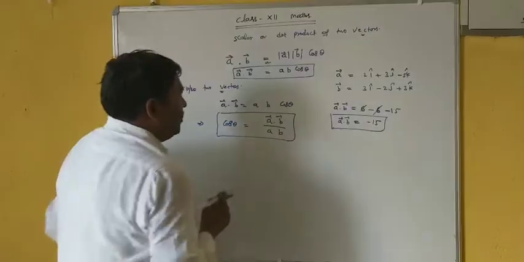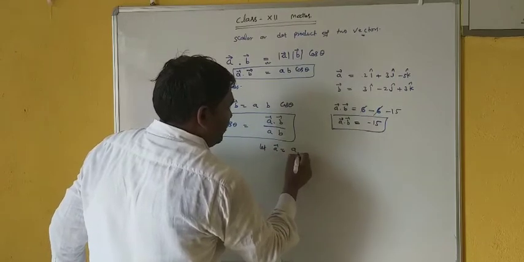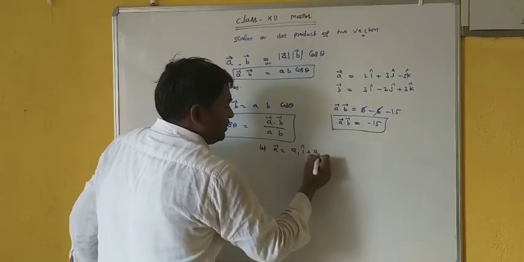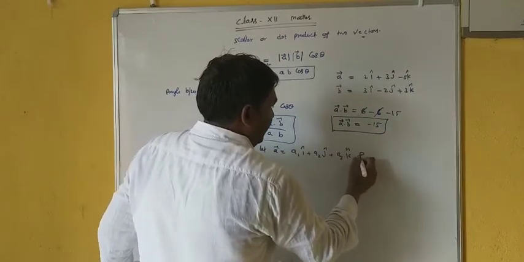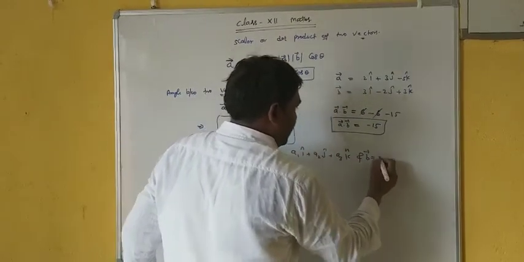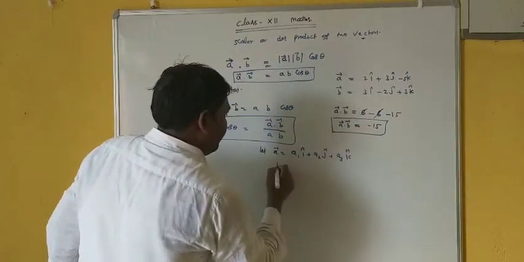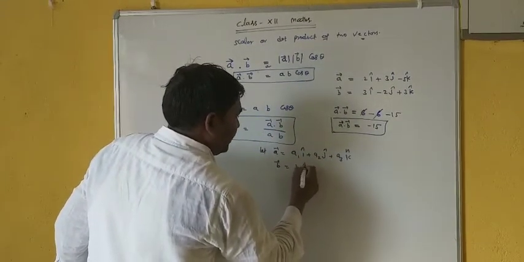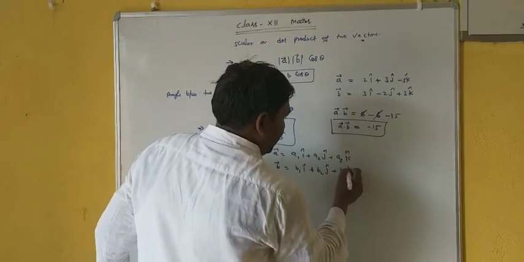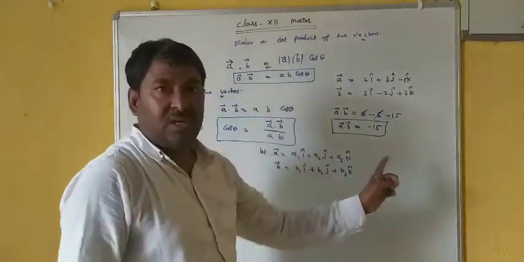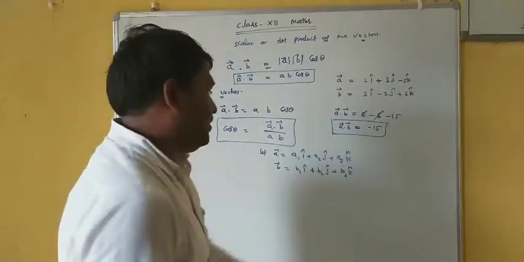Just see how. Let vector A be A1 i cap plus A2 j cap plus A3 k cap, and vector B be B1 i cap plus B2 j cap plus B3 k cap. These are coefficients: A1, A2, A3 and B1, B2, B3 are coefficients of i, j and k vectors.